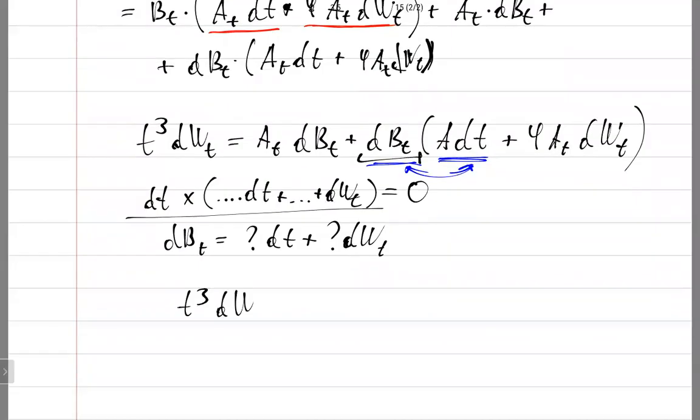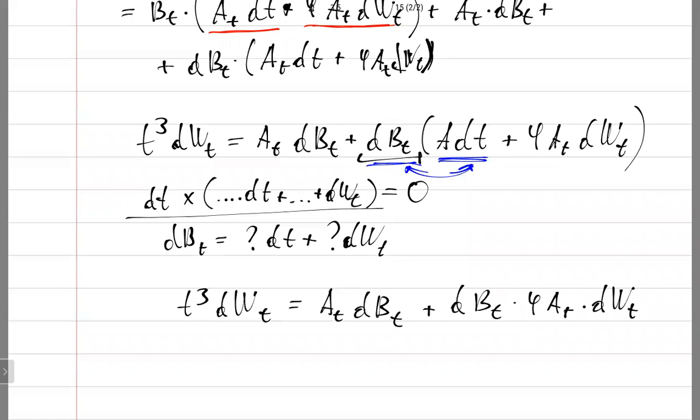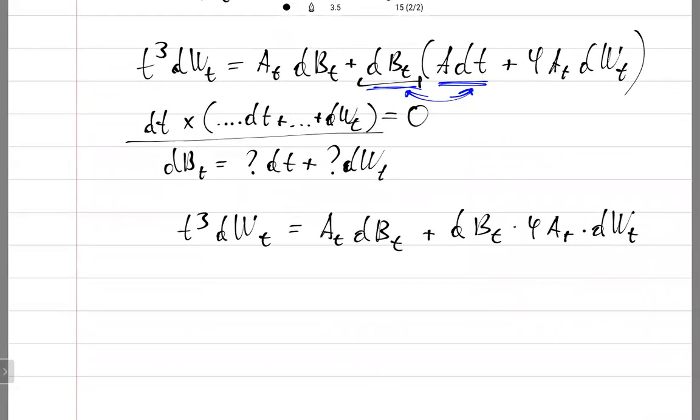Okay, t cubed dwt equals at dbt plus dbt times 4at dwt. I don't know dbt yet. So let's go on.